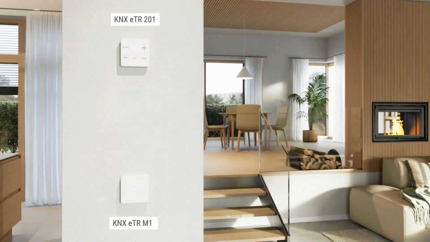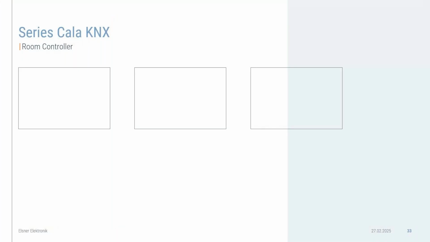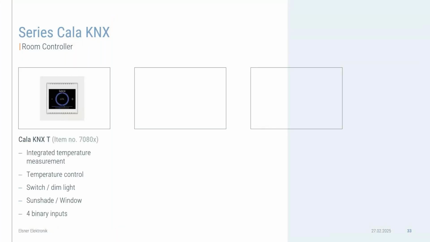We also have the switching series, the M series, for example. This is our very simple room controller. Let's move on to the more complex ones. Here, for example, we have the Kala series, also with the integrated temperature measurement, temperature control. We can switch and dim light, sunshade, and window control, and we also have 4 binary inputs. What's special about this one, we have several versions.